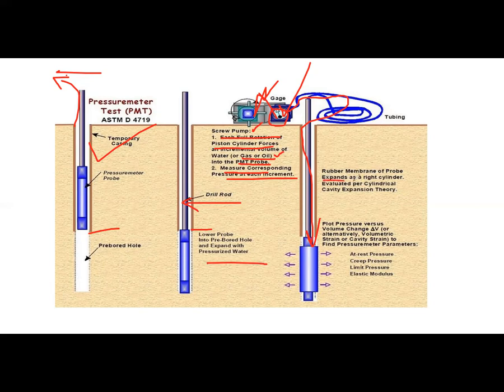The rubber membrane of the probe expands as a right cylinder, evaluated per cylindrical cavity expansion theory. The plot is pressure versus volume change, the strain pressure parameter. So the probe increases its size and provides a pressure on the side of the borehole.